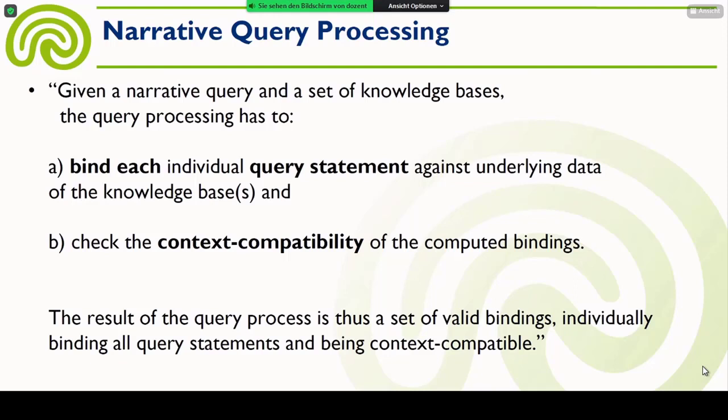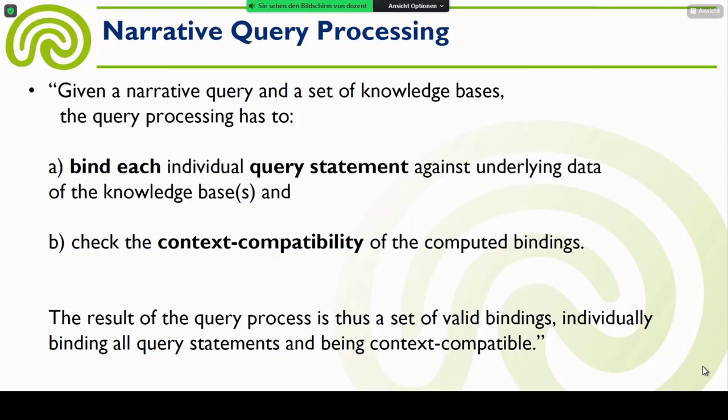The first part of narrative query processing is the same as graph pattern matching in a knowledge base. You have your graph query, and then you search for matches. You need to substitute variables, you need to verify that your entities are contained, and so on. So cover your query, bind all statements against the underlying data. But the second step is unique.